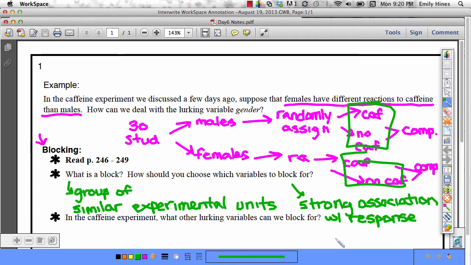Something that is very important to remember is that blocking is not done randomly. Blocks are not formed at random. They are picked for a purpose, and you need to be able to explain the purpose and why you picked the blocks you did. Putting them into blocks is not random.